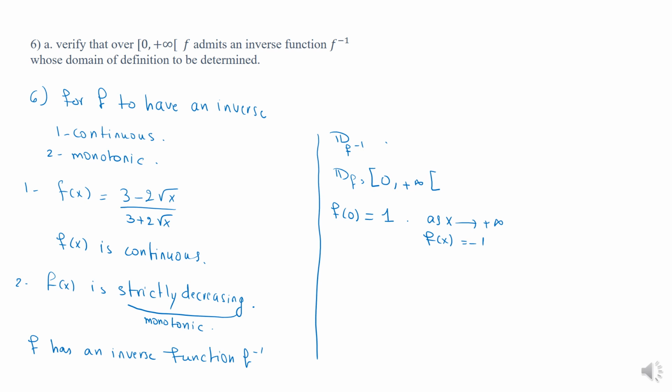Now here, since the function is decreasing, the domain will be reversed. So the domain of f minus 1 will be from f minus 1 of plus infinity to f minus 1 of 0. So the domain is equal to (-1, 1].